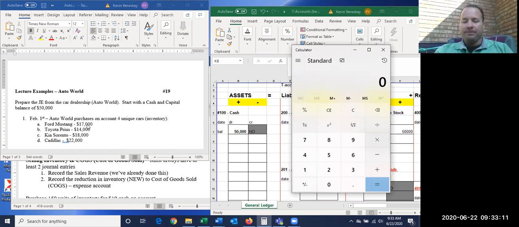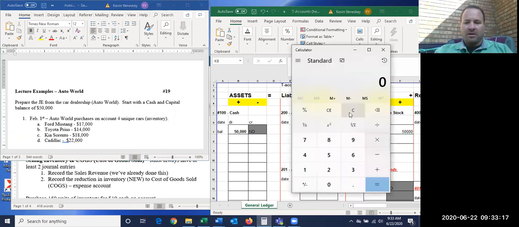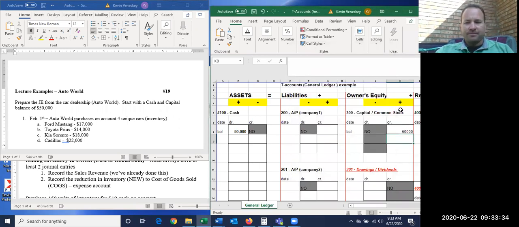That's why I have them separated. But in our actual T accounts, we can lump it all together into one inventory account. I know these are all in thousands, so I can just add that in later. I'm going to put in the Ford price, the Prius, the Sorento, and the Cadillac. And when I add all of them up, it's $71,000.